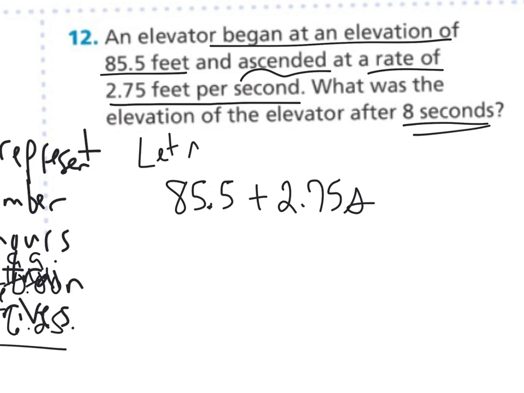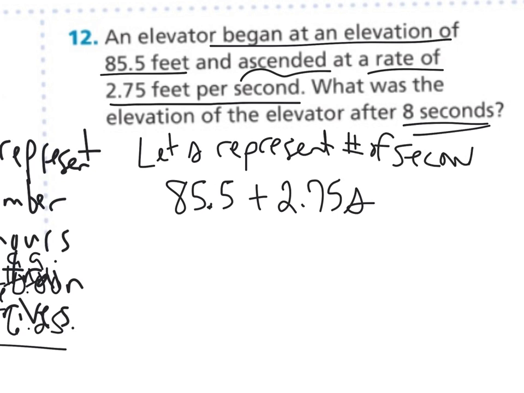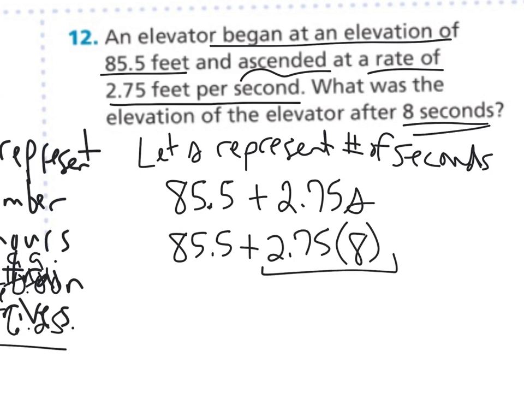Okay, again, let S represent the number of seconds. If you use an S for your variable, probably a cursive S so it doesn't look like a 5 would be a good choice. And we're trying to figure out after 8 seconds, so again, understand we would be doing the multiplication here first before we add these together.